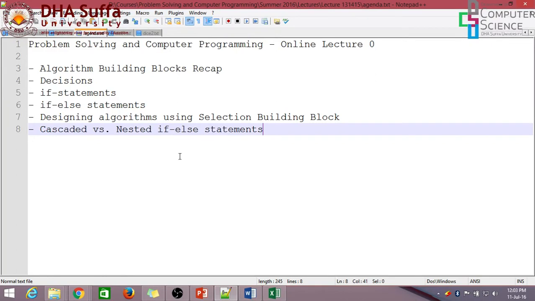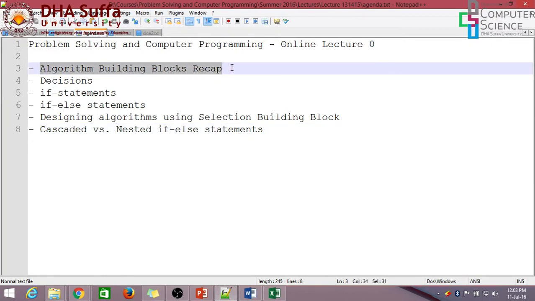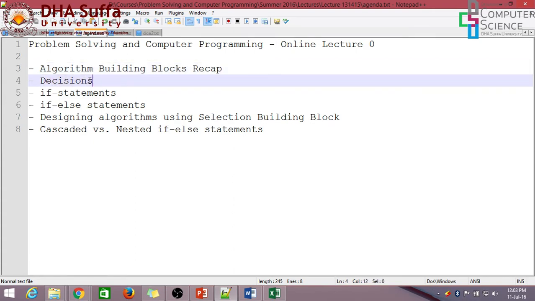So today we will be talking about the various algorithm building blocks. We'll be doing a recap of these. Then we'll talk about decisions, how to empower the computer to take decisions.